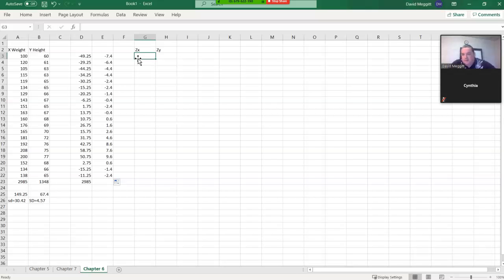So now we've got equals x minus x bar, oops, divided by the standard deviation, which is 30.42.